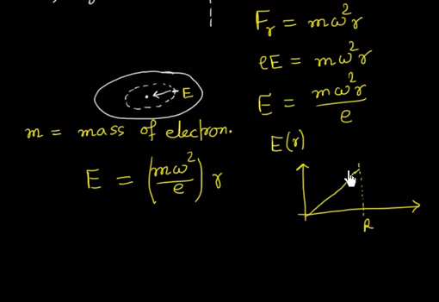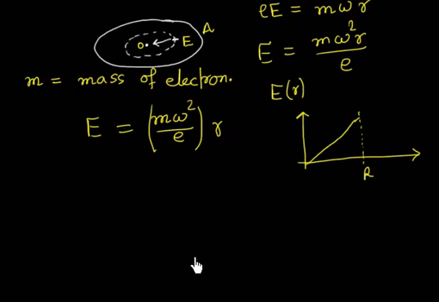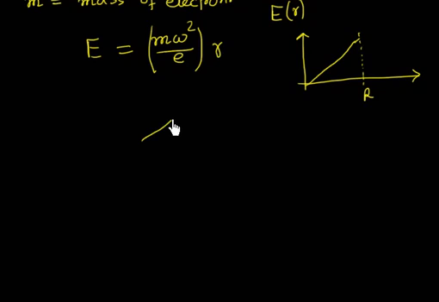This electric field is coming because of the omega. Now if I know E, I can calculate the potential difference between this point O and point A. Let us say this is my point O and this is point A. I know the electric field at this point.